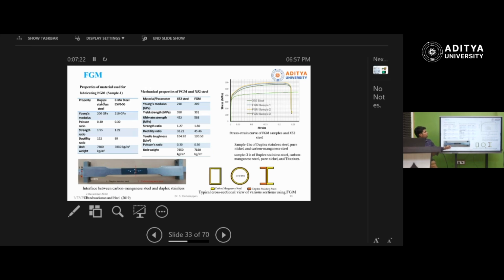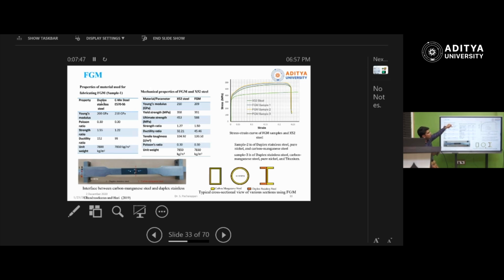So whatever you are seeing here, this is the functionally graded material. When I was doing my PhD in IIT Madras, this wire arc additive manufacturing facility was available in the metallurgy lab. So I have taken two material samples here. One is a duplex stainless steel, another one is a carbon manganese steel.